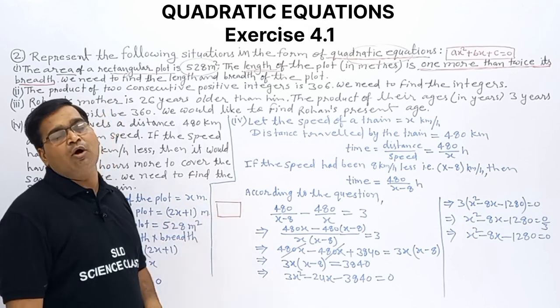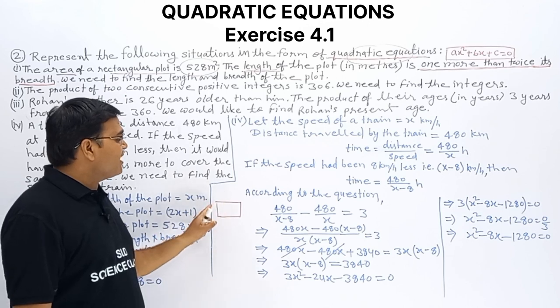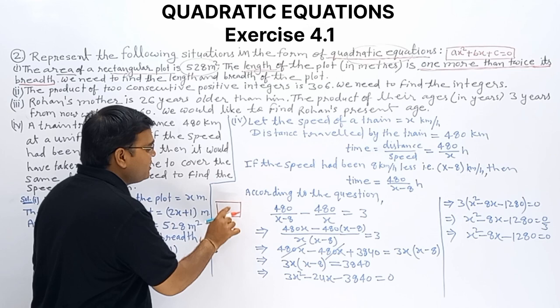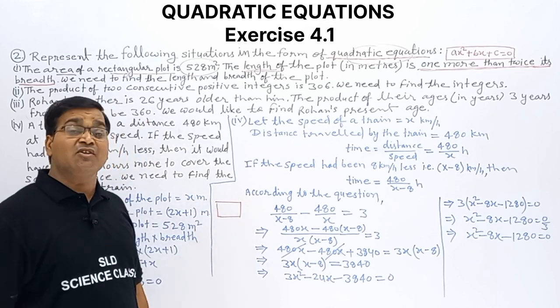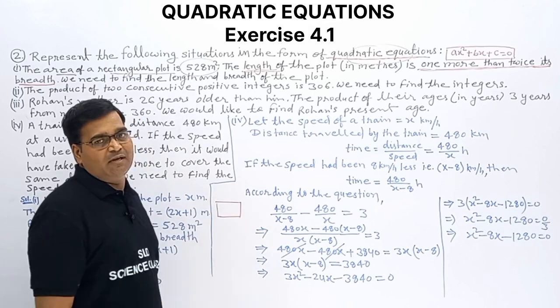Opposite sides of a rectangle are equal. This one is equal to this one. But in a square, all sides are equal.